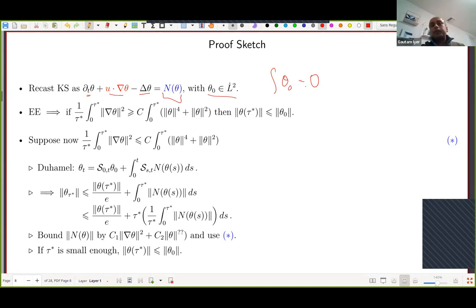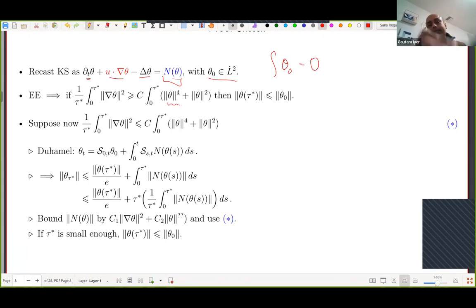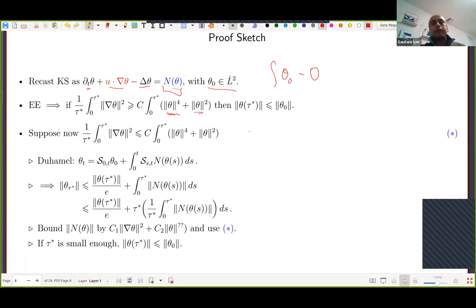Now, what can I do with this? The first thing I can do is a naive calculation with the energy inequality. I take this equation and multiply by theta. The advection term integrates to 0, and theta times Laplace theta integrates to our usual norm of gradient theta squared. And theta times the nonlinearity, I need to hit with standard calculus inequalities and control it, by the L2 norm to the 4 plus L2 norm squared, plus a little bit of the H1 norm.